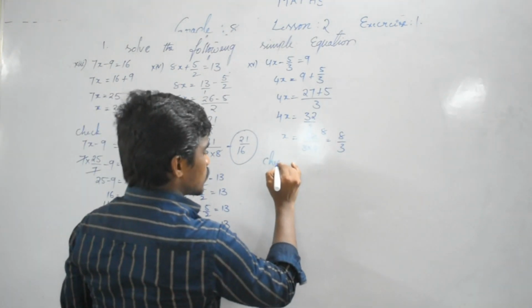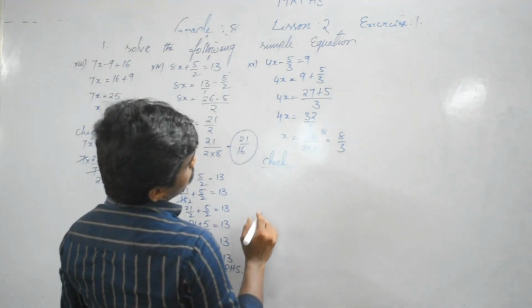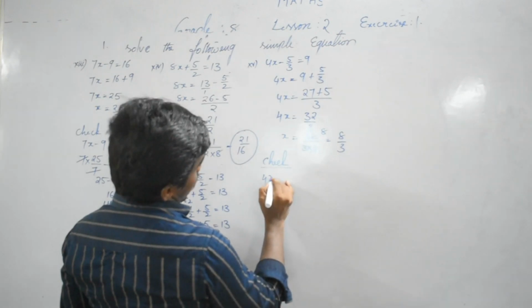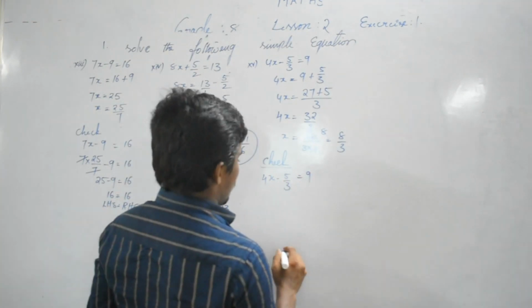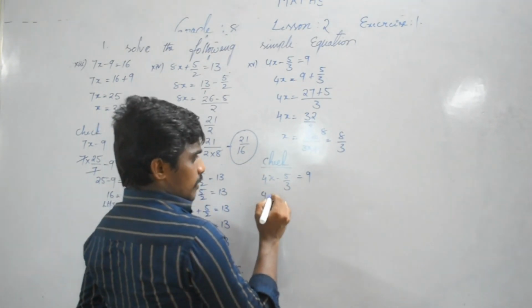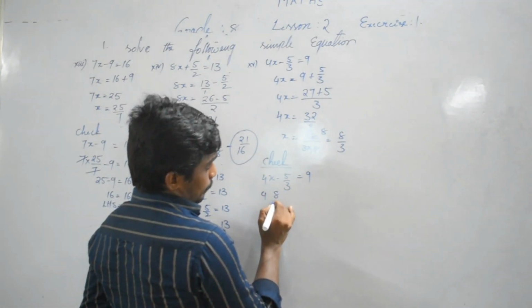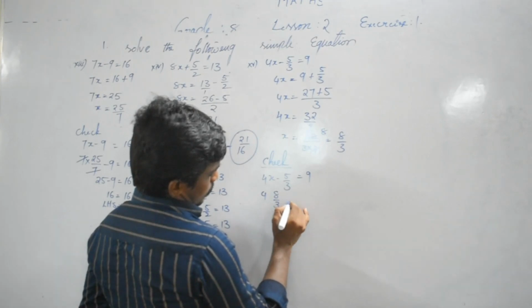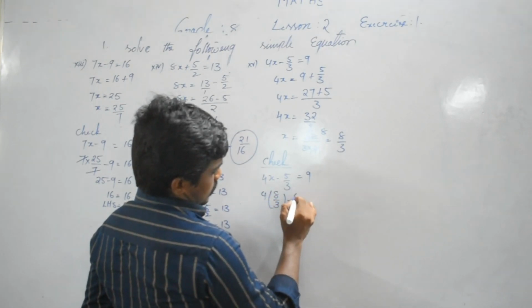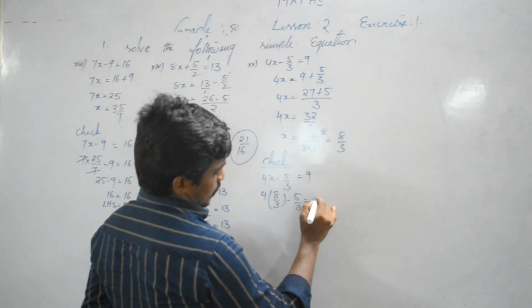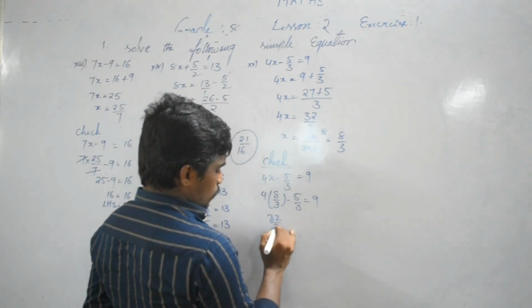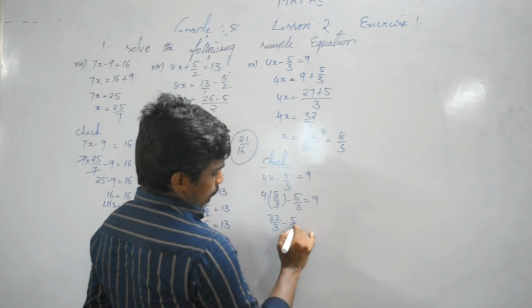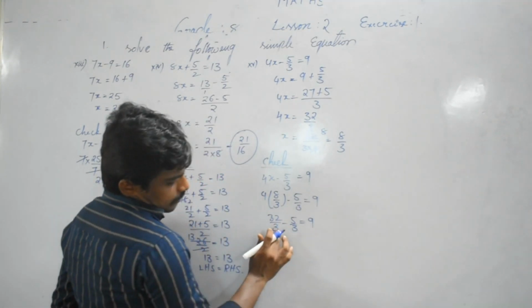Once we have checked. 4x minus 5 by 3 is equal to 9. 4 times x value 8 by 3, minus 5 by 3, 9. So 4 8 jar, 32 by 3, minus 5 by 3 is 9.